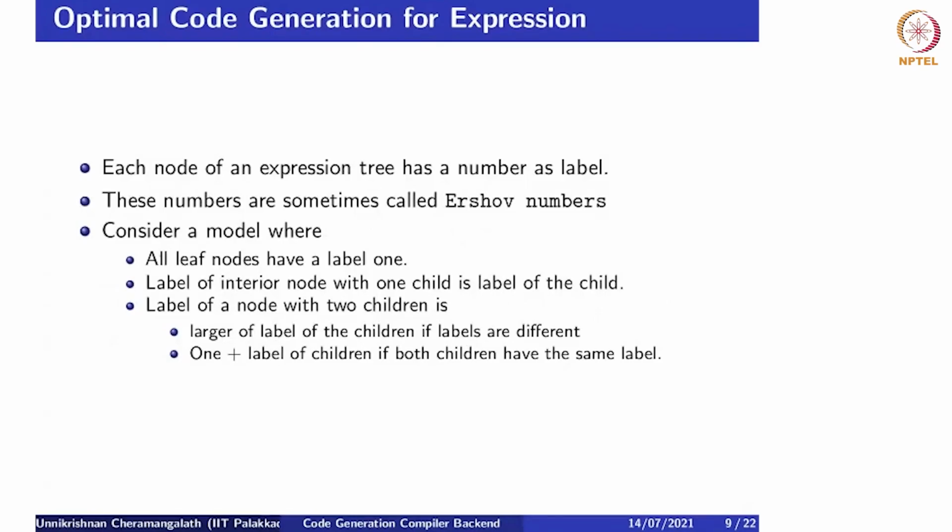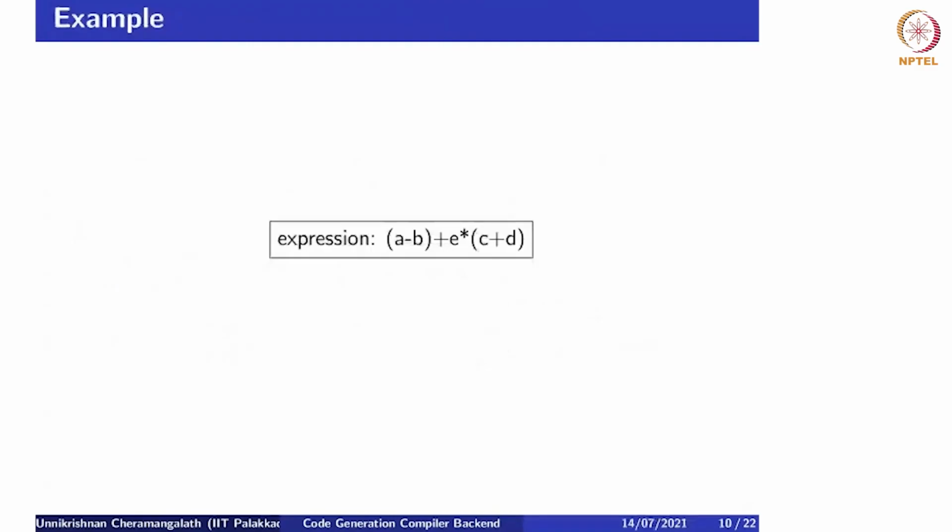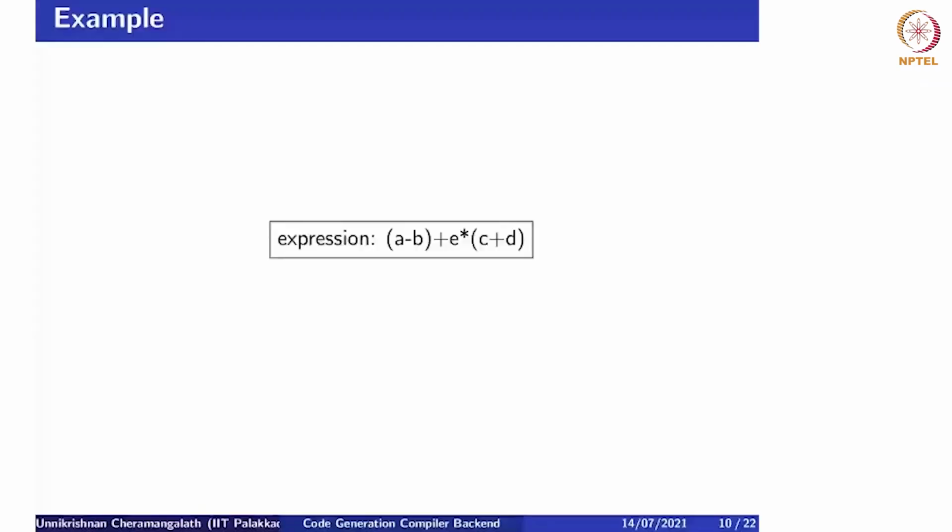You got it? So for this expression, a minus b plus e star c plus d, you can imagine what the expression tree will be. First a minus b will be evaluated, then c plus d. Then star comes with a higher precedence, so e star c plus d will be evaluated, then plus.